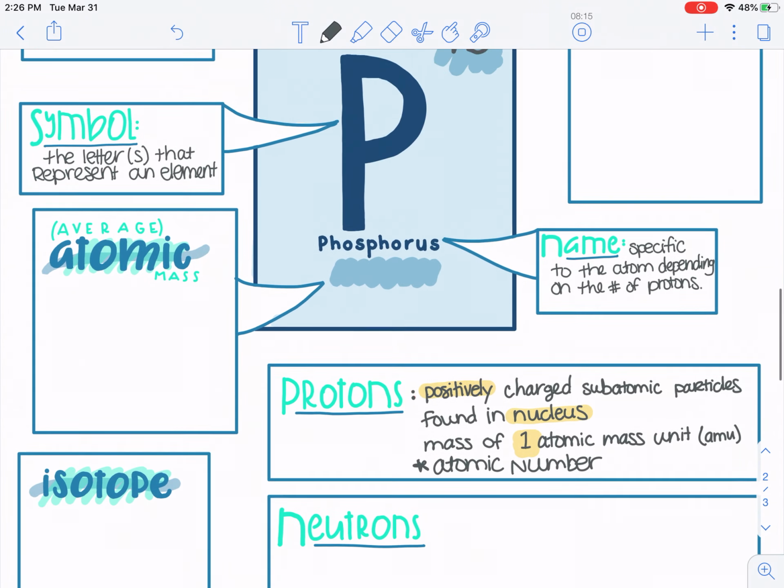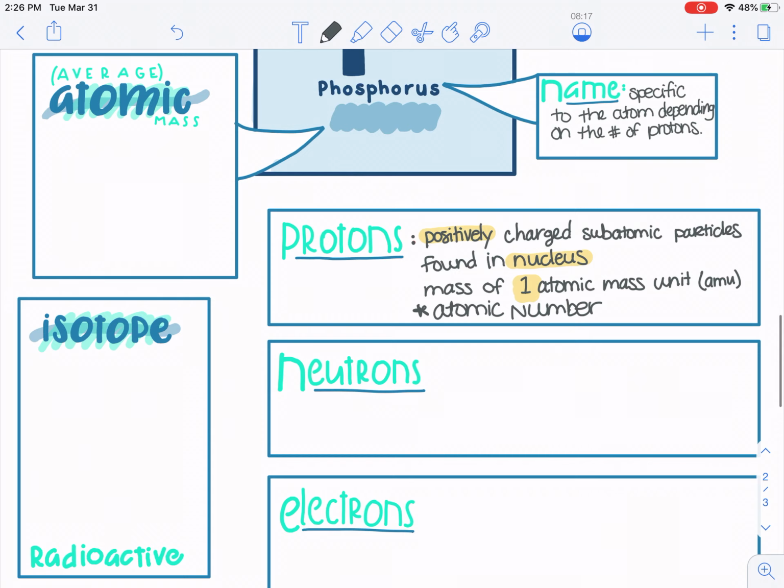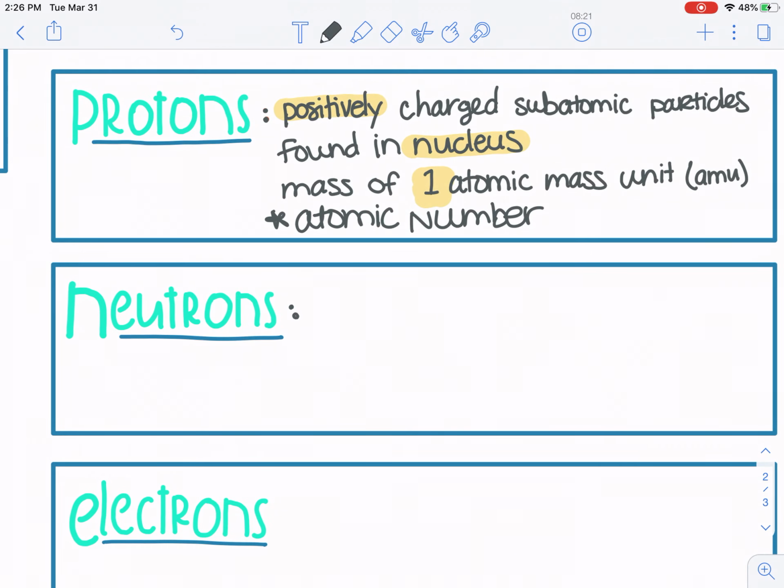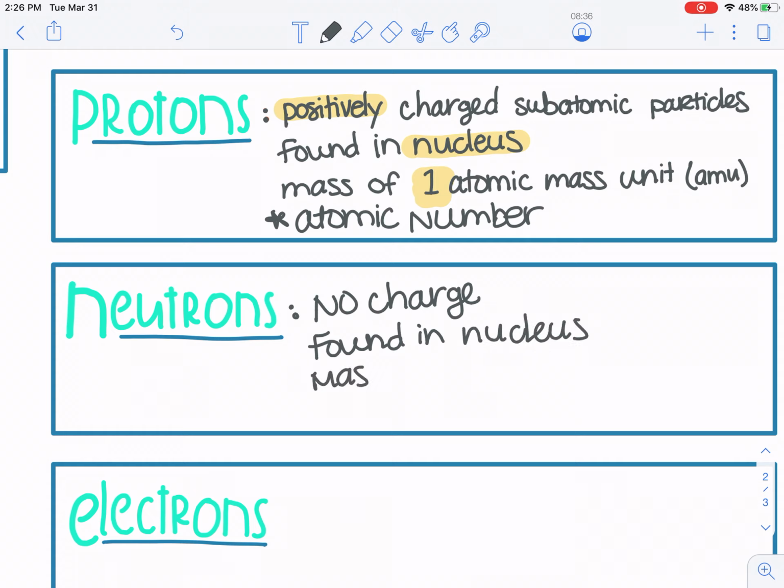The other particle in the nucleus is the neutron. So the neutron has no charge, but it is also a subatomic particle found in the nucleus, and also has a mass of 1 AMU, atomic mass unit.